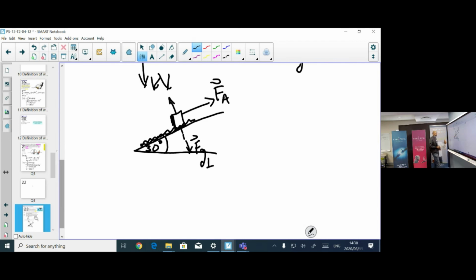Because it's a rough surface and there is an applied force going upward, we are going to have what? A friction. That is a kinetic friction, denoted by small letter f, sub of K, which indicates that this is the kinetic frictional force.